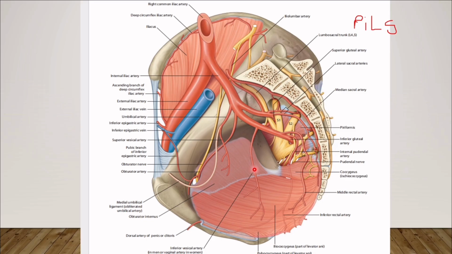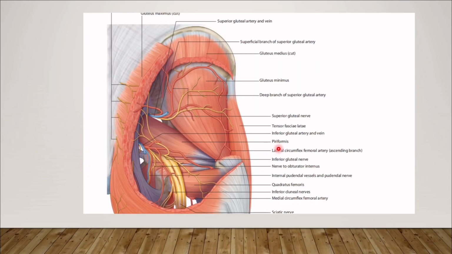Another parietal branch is the inferior gluteal artery. It will exit the true pelvis via the greater sciatic foramen. This one.